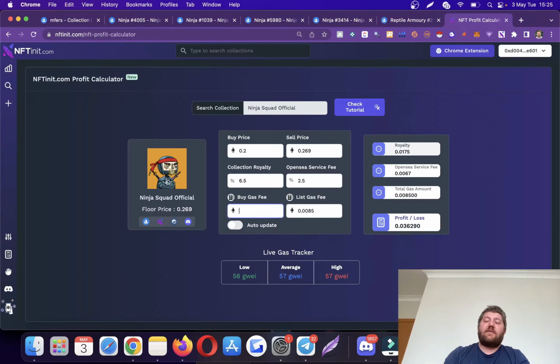And if I'm okay with making this much profit, which is not bad actually, if you are just starting out, you can place your bids at 0.2. If you obviously offer higher, if you offer more wrapped Ethereum, it is going to be more likely to be accepted. So you can try this.